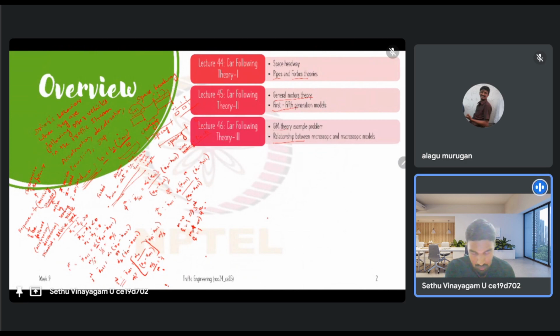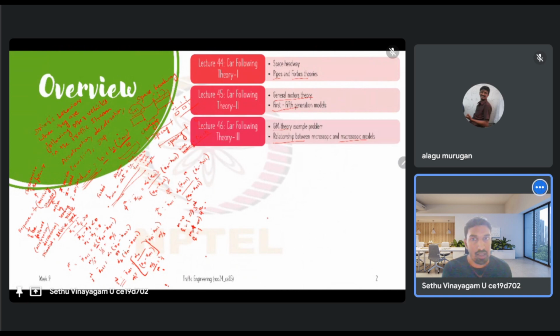So what is a macroscopic model? These car following models are microscopic because we are looking at the behavior of individual vehicles. We are looking at two particular vehicles in this car following model, which is a microscopic way of analyzing the traffic. Whereas in a macroscopic model, what we are interested in is the traffic stream as a whole.